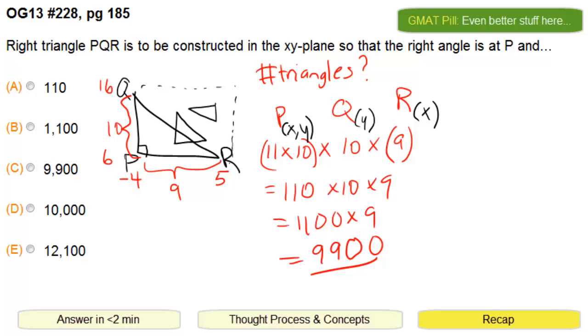So first you permute P along 2 axes, then you permute Q along the single y-axis, and then the R point along the single x-axis. Multiply them all out together, and you get 9900, and that's answer choice C.